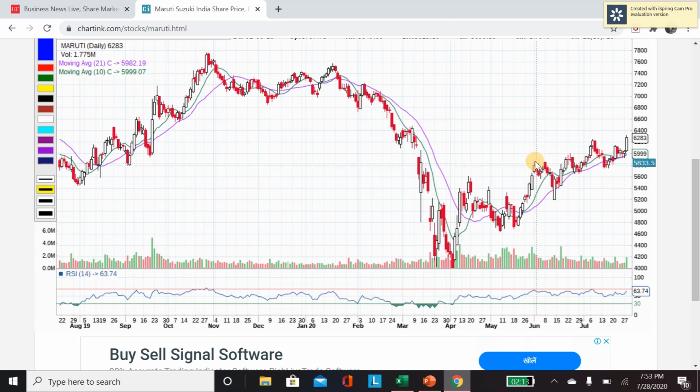When the RSI was at 70, the Maruti Suzuki share was at 5824. Now just see the difference. Entry was 4209 and exit was 5862. Just, you cannot imagine, it's a huge profit, right friend?